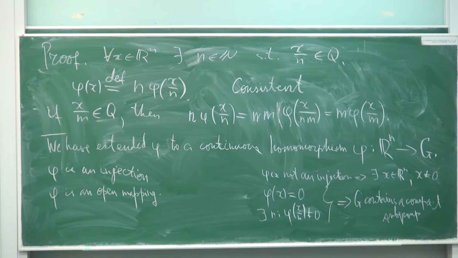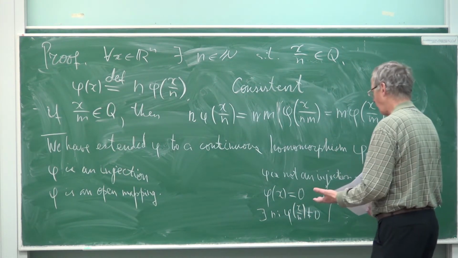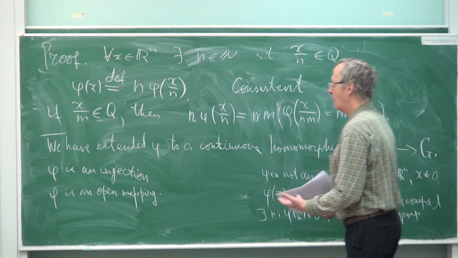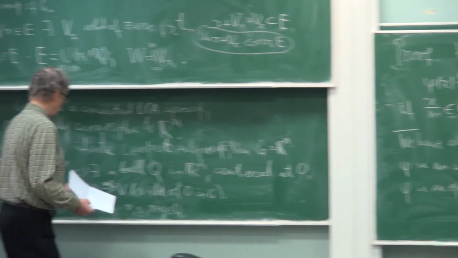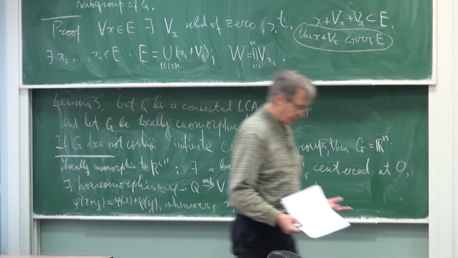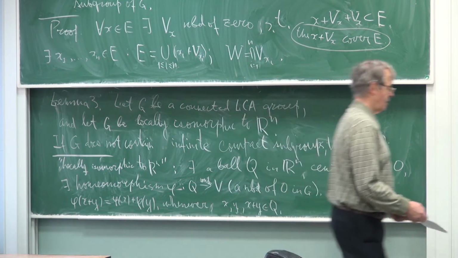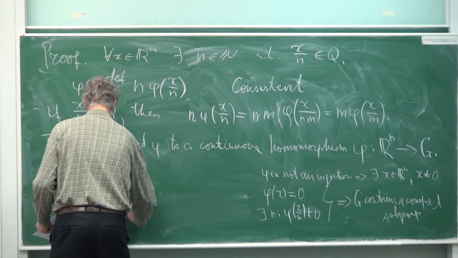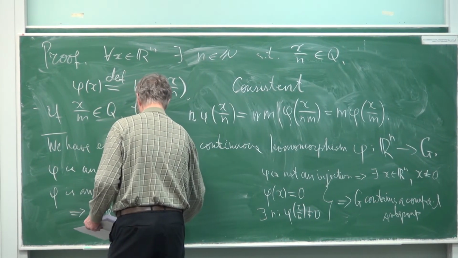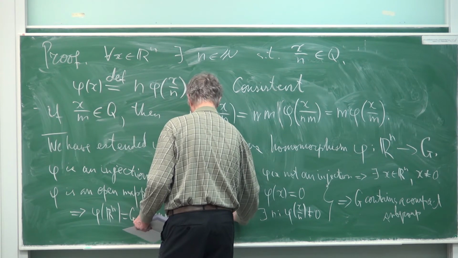It maps some neighborhood of 0 onto some open neighborhood of 0 in G. So since it is a homomorphism, it is an open mapping on the entire Rn, and it follows that its image in G is simultaneously open and closed and non-zero, and G is assumed to be connected, and then it follows that simply phi of Rn is equal to G because G is connected. Okay.